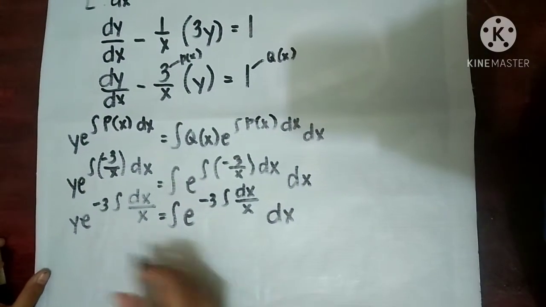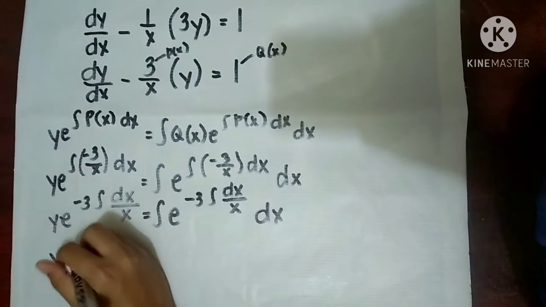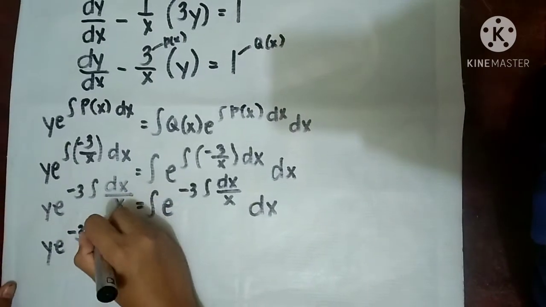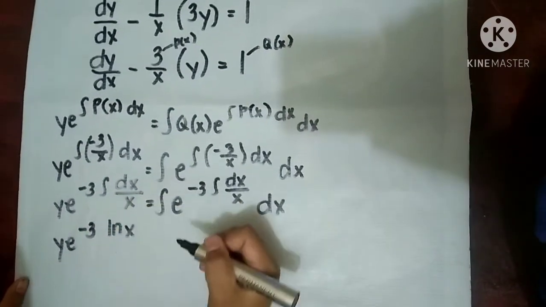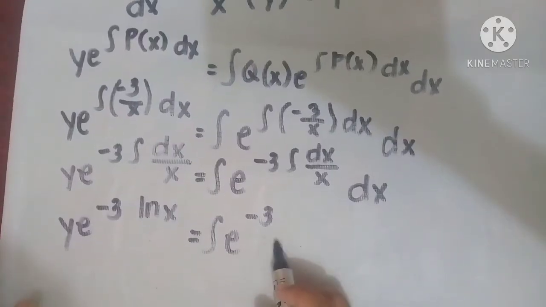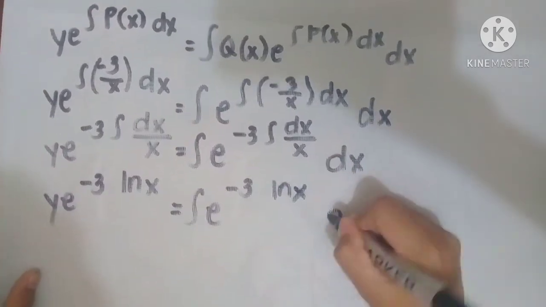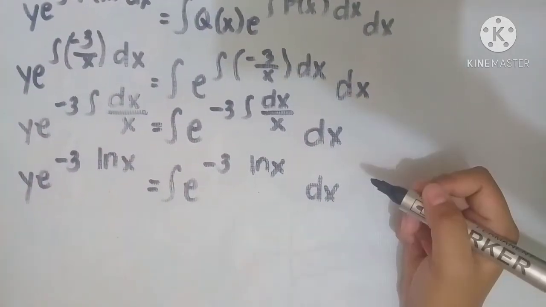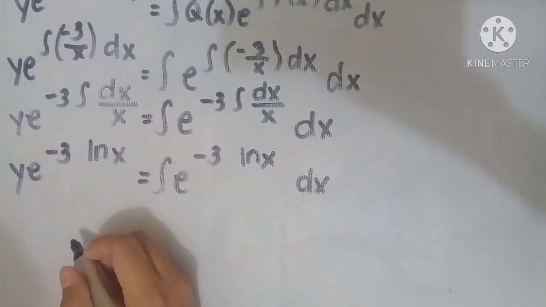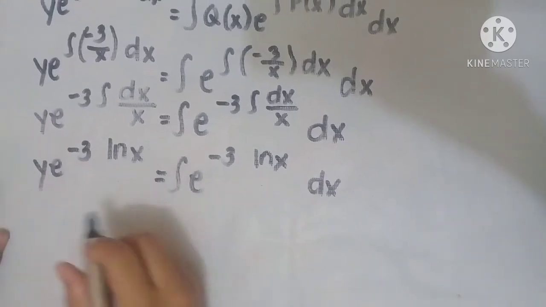So we will integrate now. We have y e raised to the power of negative 3 ln of x equals the integral of e raised to the power of negative 3 ln x dx. As a rule for the natural logarithm, we will make this into an exponent.